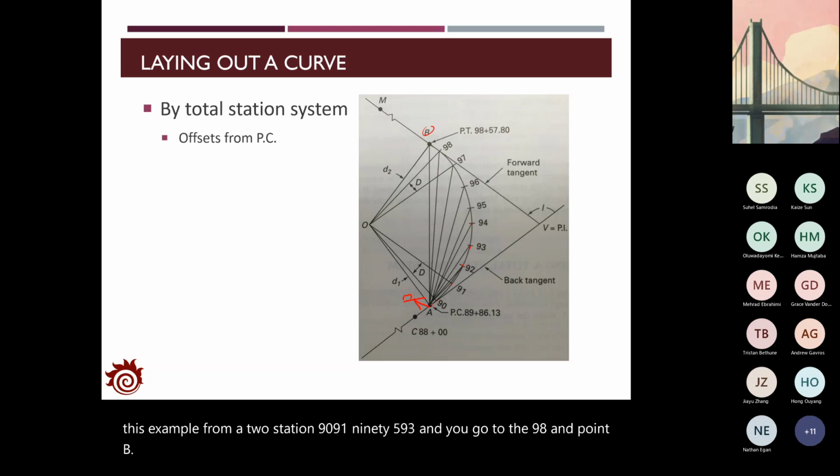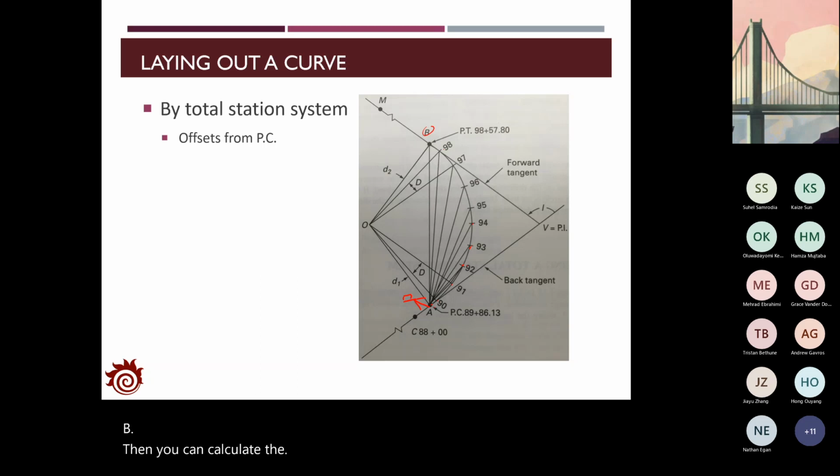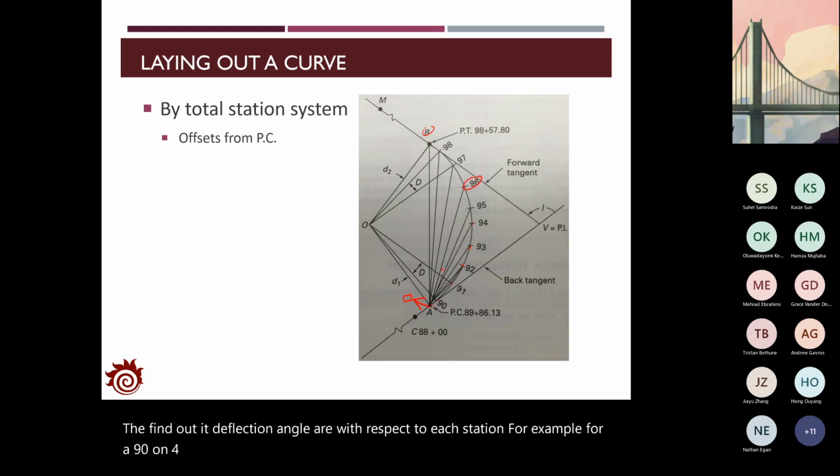Then you can find out the deflection angle with respect to each station. For example, for 96, you just need to find out the deflection from A to V and A to the station 96.